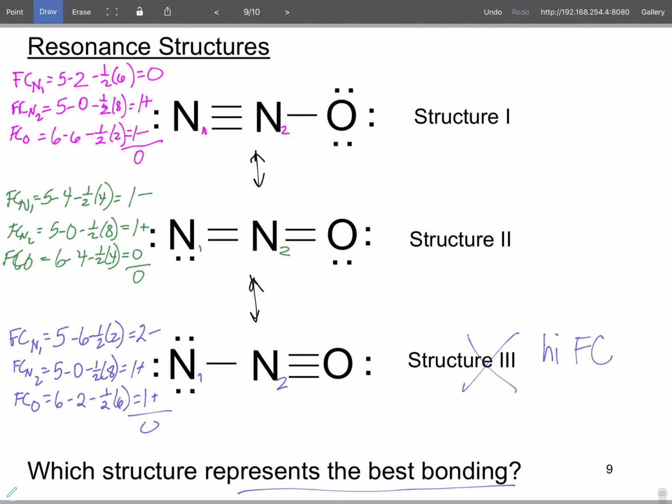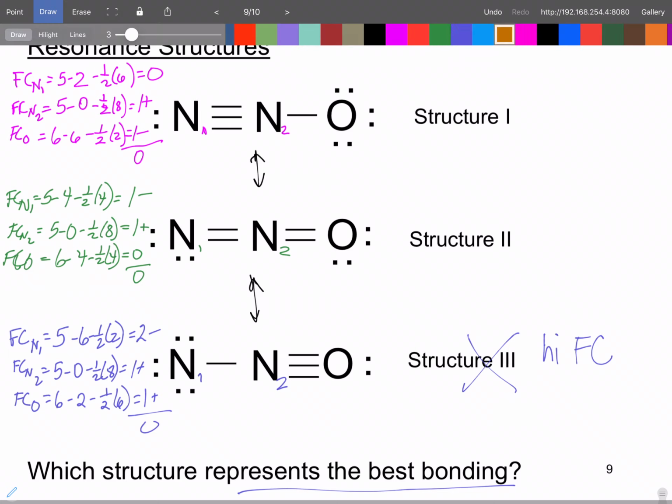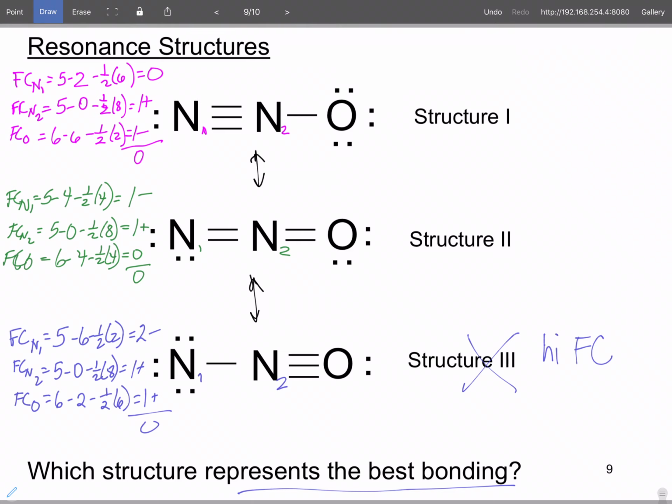So we're left with structure 1 and structure 2. Remember we discussed that in both cases, the nitrogen is in the center, then the N2 stays the same. So that's no help. So we have to look at the other sources. So on structure 1, oxygen is negative. On structure 2, nitrogen is negative. Well, remember the rule.